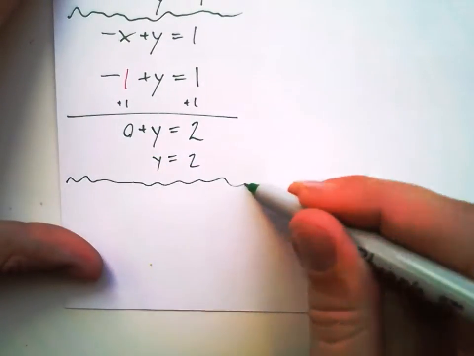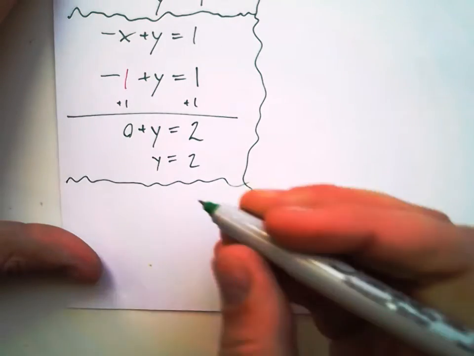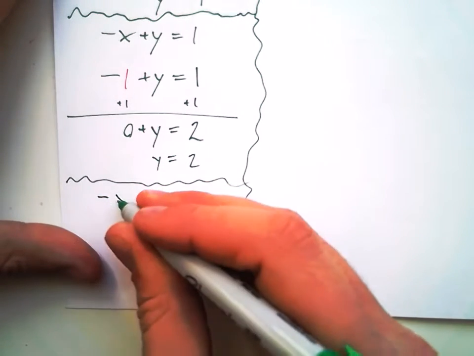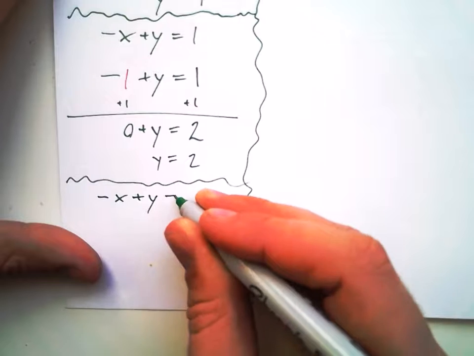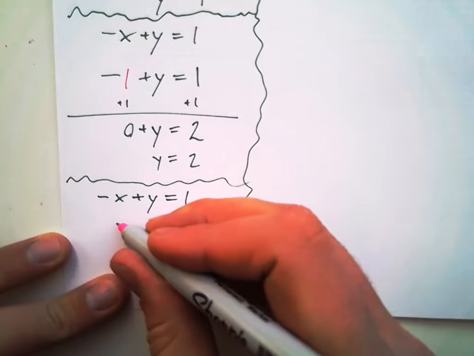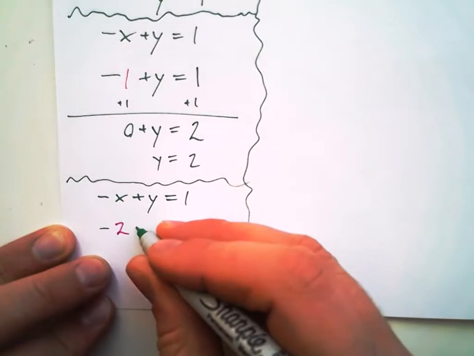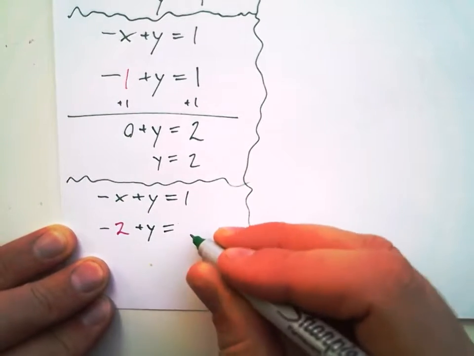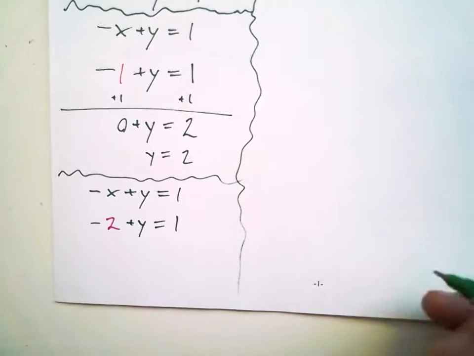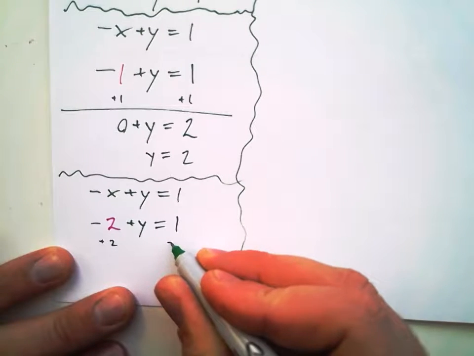Okay, so again, we're going to start with negative x plus y equals 1. And this time, how about we say x equals 2. Okay, let's put in a 2 where the x is. So then we've got negative 2 plus y equals 1. We got to solve that to get y, so we'll add 2 to both sides.